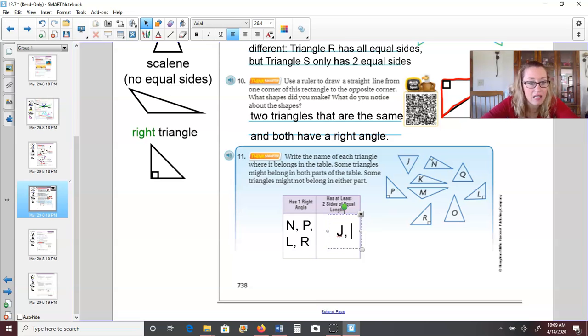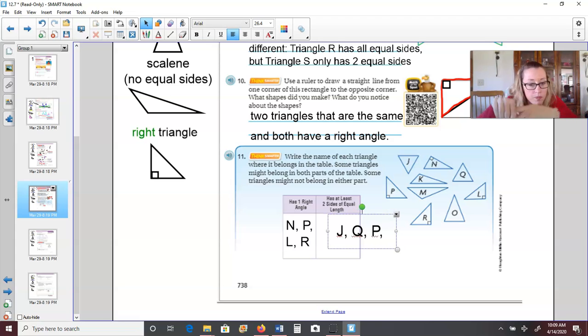So not N. K does not look like it has equal sides either. That's scalene. Q does. Q looks to be an equilateral triangle like J. How about letter P? Triangle P, even though it has a right angle, the two line segments that make up that right angle appear to be the same length. So I'm going with P.